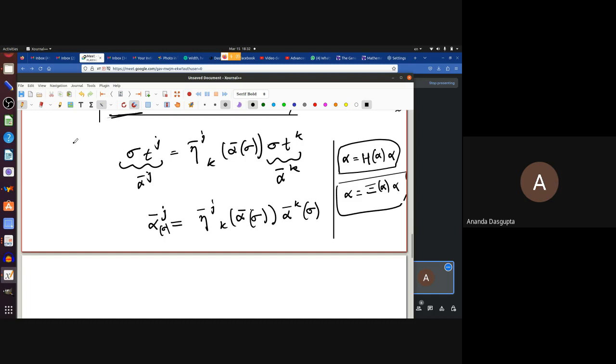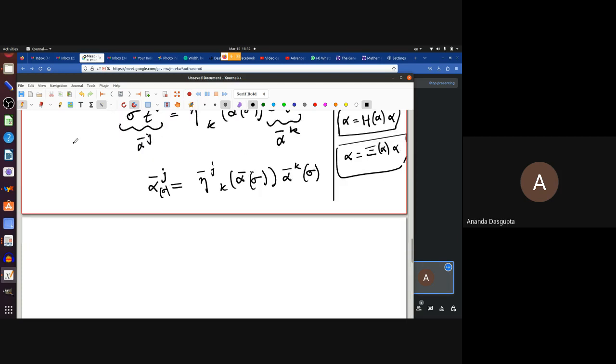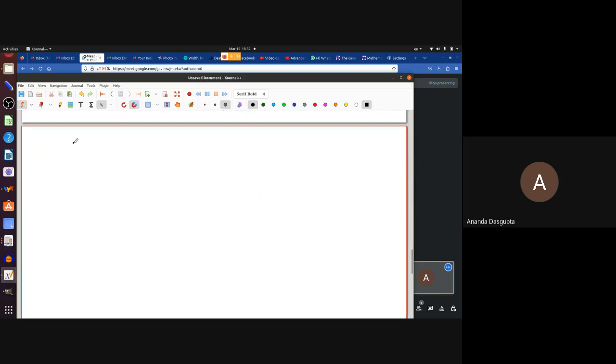And I also said that that task cannot have a unique answer because you can very well change your coordinate system in such a way that the CJKs, the structure constants, don't change, but the function f definitely does. So here we are going to try to reconstruct the group in this particular coordinate system using canonical coordinates of the first kind.